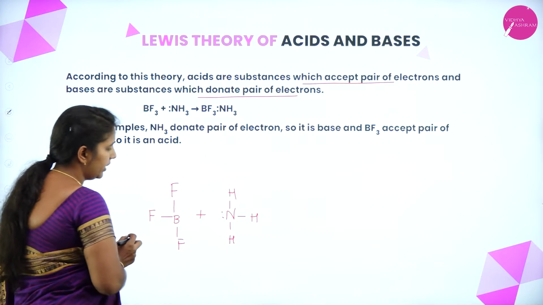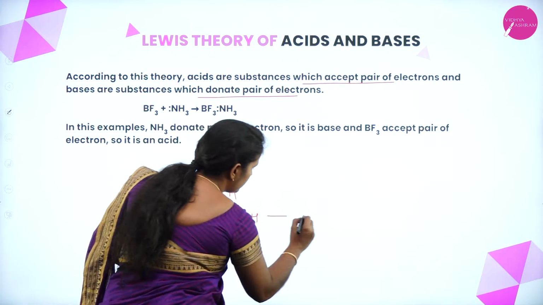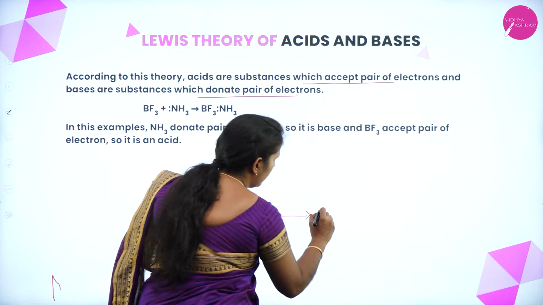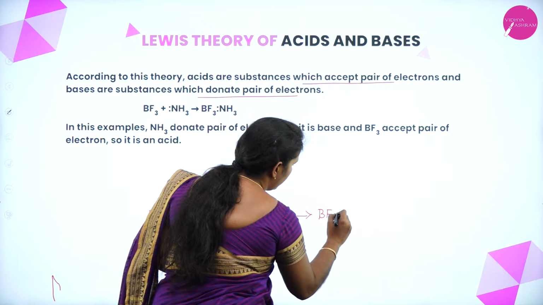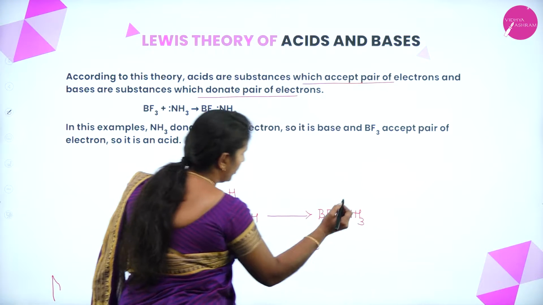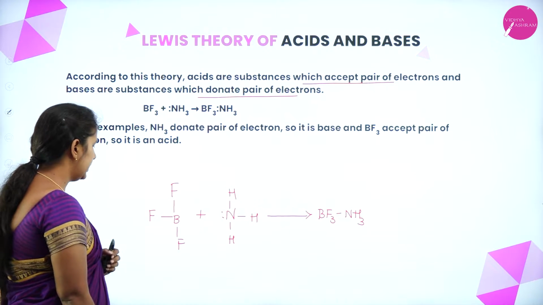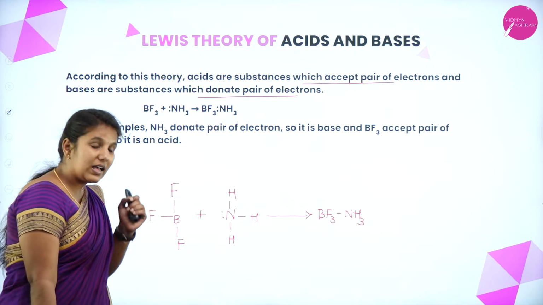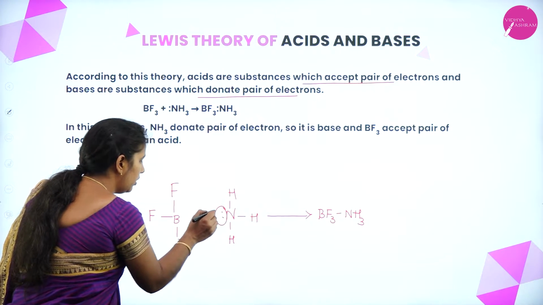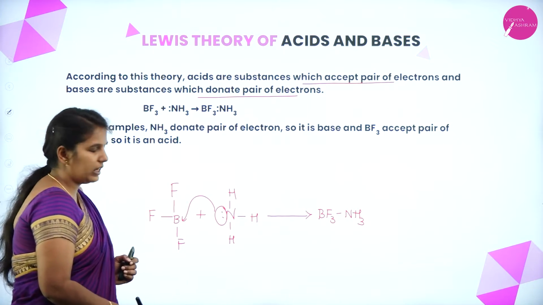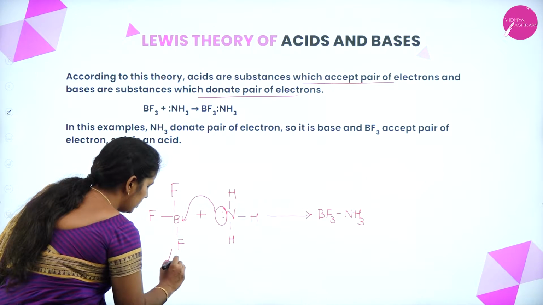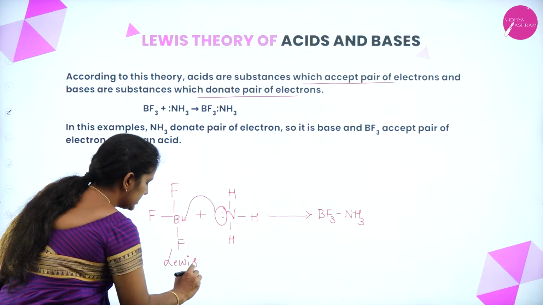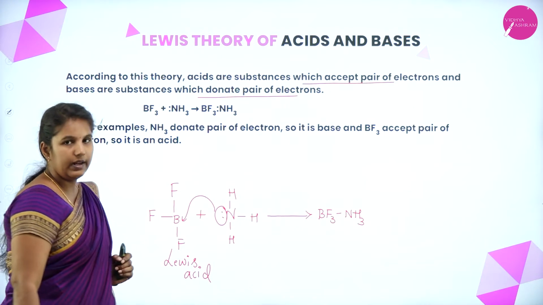Correct? So, here you can see that when these two react, they form a BF3-NH3 bond. Correct? Here you can see that boron trifluoride is accepting the pair of electrons, hence it is a Lewis acid.